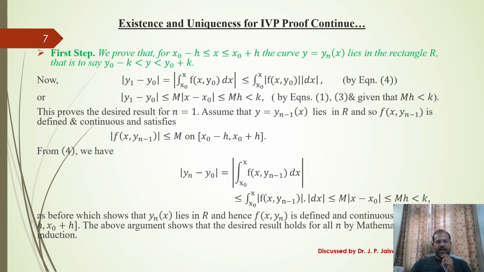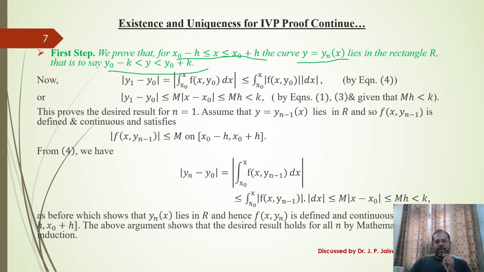The first part is that if you take x between x naught minus h to x naught plus h, then whatever approximation we have taken will always lie between y naught minus k and y naught plus k.